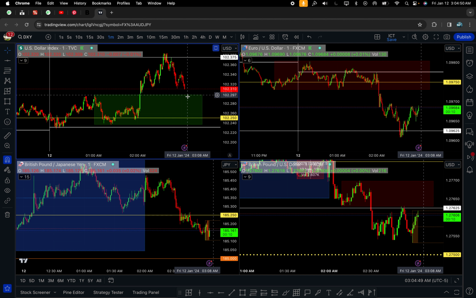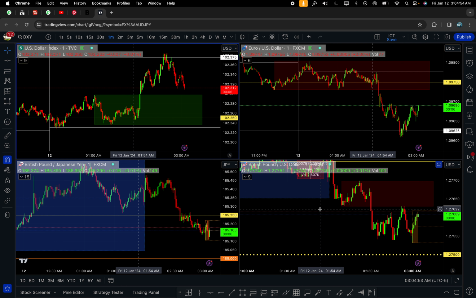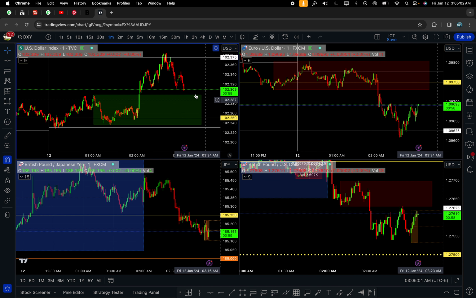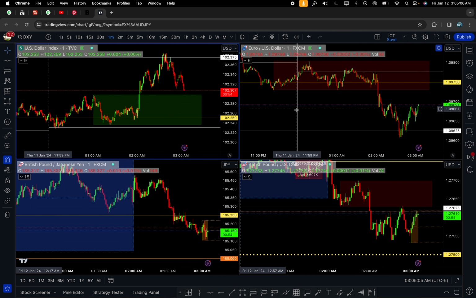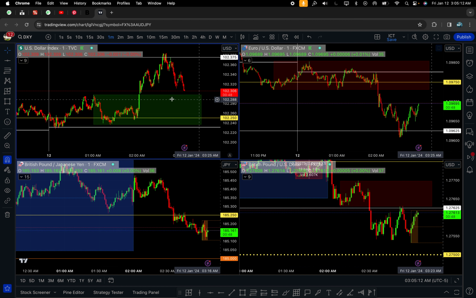Dollar's breaking down here. It should react off of this. We have to watch the dollar. That's the key. Sometimes there's one that will give more information or more clues than the other, in other words, when you're watching four. But right now, I believe the dollar's it.